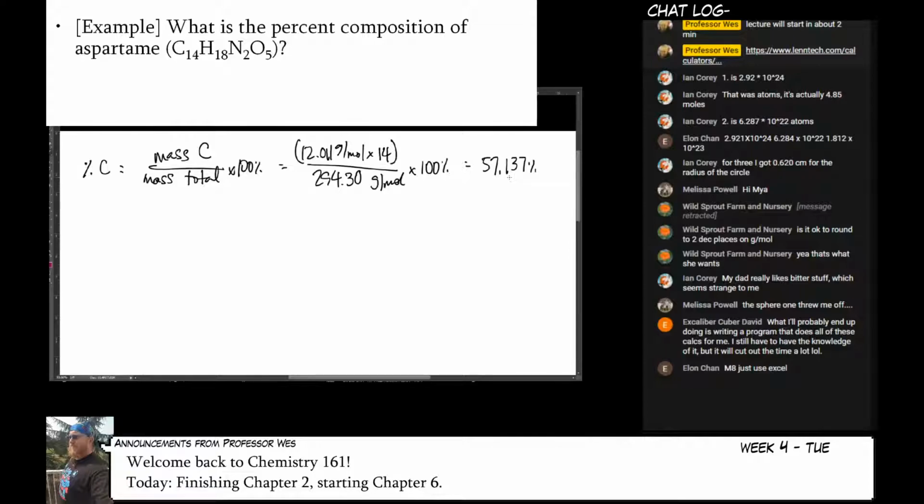And this is just an exercise in busy work at this point, right? Like, if I did this for percent H, it would just be the mass of H times how many there are over the total.